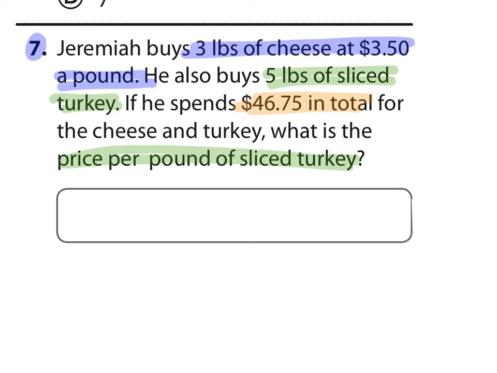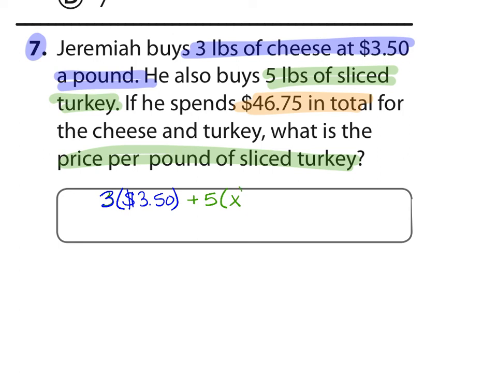Okay, well, we know that this $46.75 is made up of 3 pounds of cheese that each cost $3.50 per pound, plus 5 pounds of turkey, and we don't know what their cost is per pound.